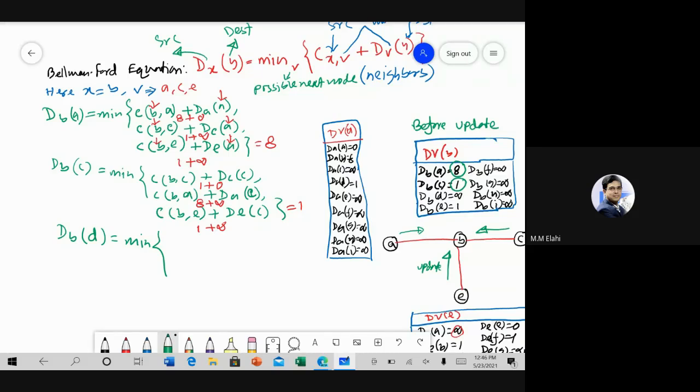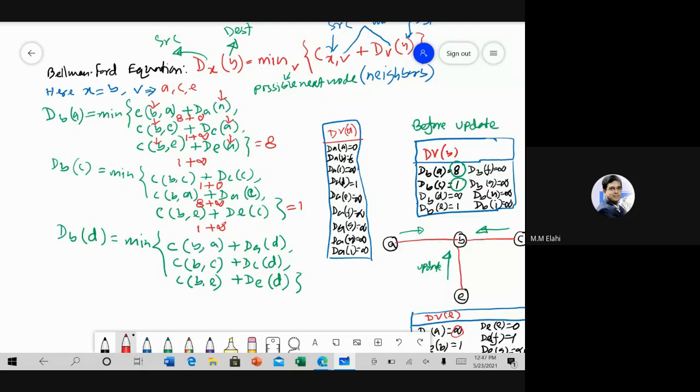It will be easy. Again, source is B and destination is D. So there are 3 possible ways: B to A plus D A to D, then B to C plus D C to D, and then B to E plus D E to D.